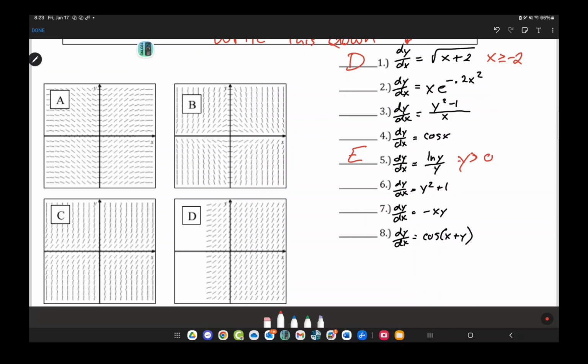Well, see here, these values change horizontally, right? In C, none of my values change as they go horizontally. So C is 6.